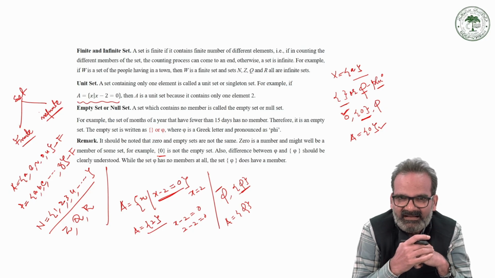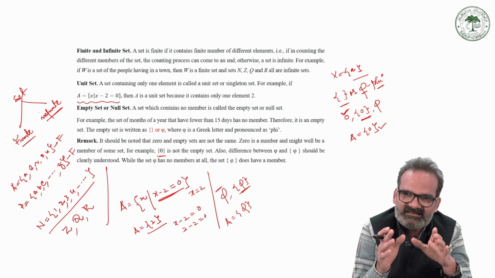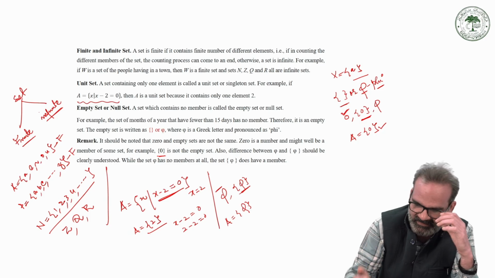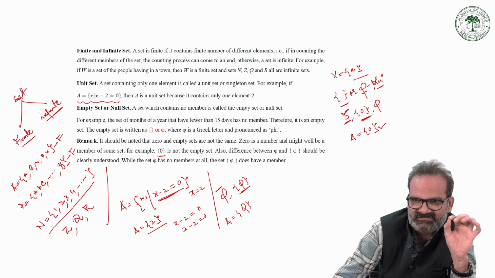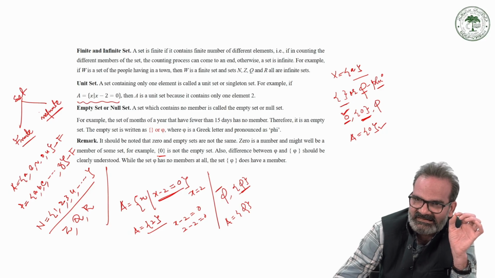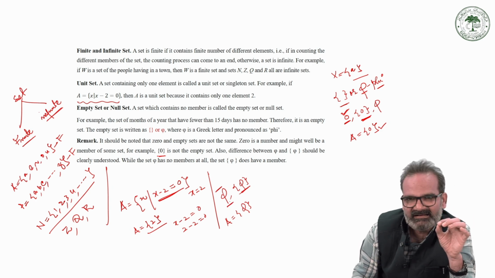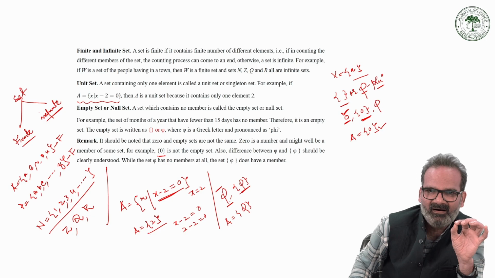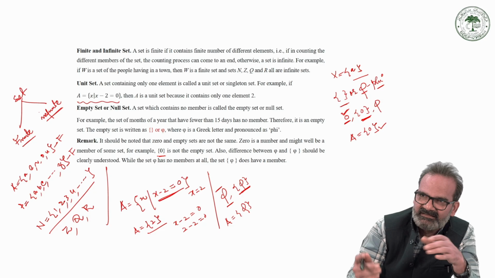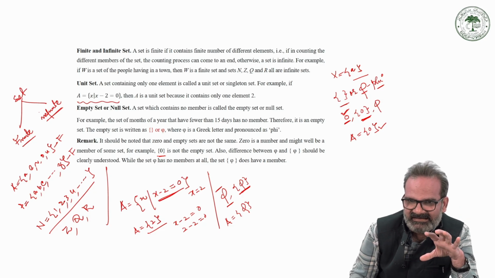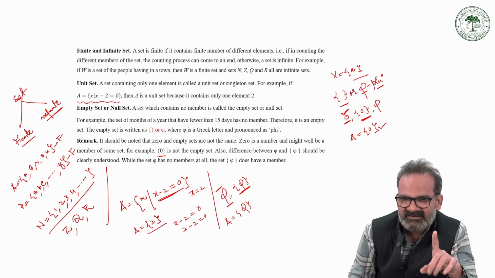We can call it a singleton set. Singleton set means a set consisting of only one element. So this is the difference between this 0 and this 0. Here this 0 is only a number, but this 0 is an element of the set. Likewise, here this phi is only the simple notation of a null set or empty set. But if we write it like this, phi is a member of a set. That is, a set containing only one element or member, that is phi.